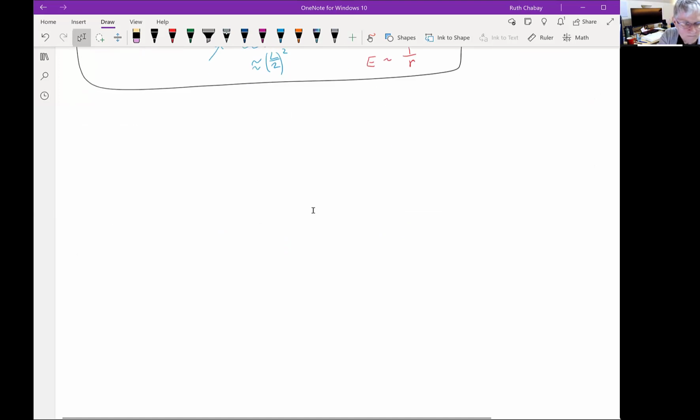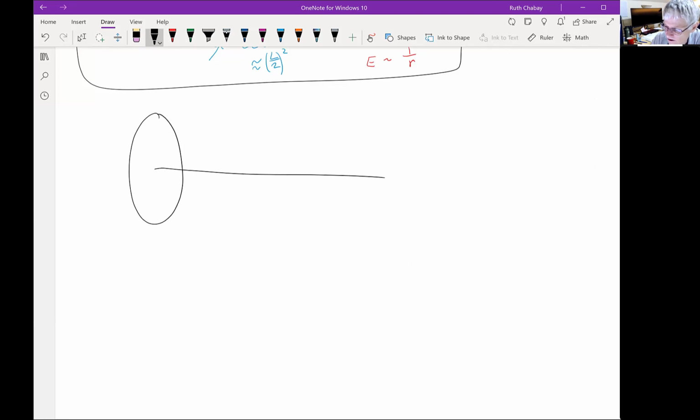So for the ring, which is worked out in the textbook, and you can look at that derivation. So for the ring on axis, it turns out to be another situation where we can actually do this analytically.